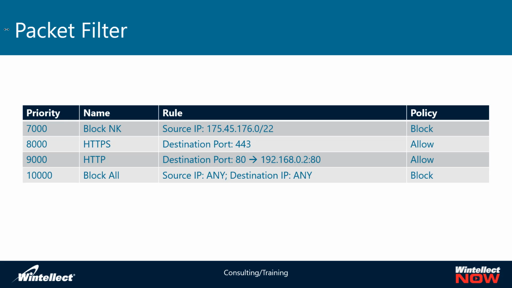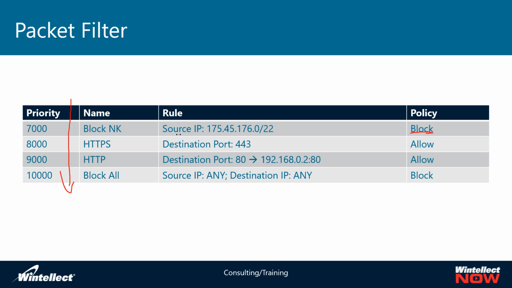So every packet filter on Azure, or any device really, has a priority associated with it. And it's similar to a route table where it does a first match. So it basically starts at the first rule, and if it matches, it then looks at the action or the policy to take place. So say the name of the rule is "block North Korea." This is the CIDR block.